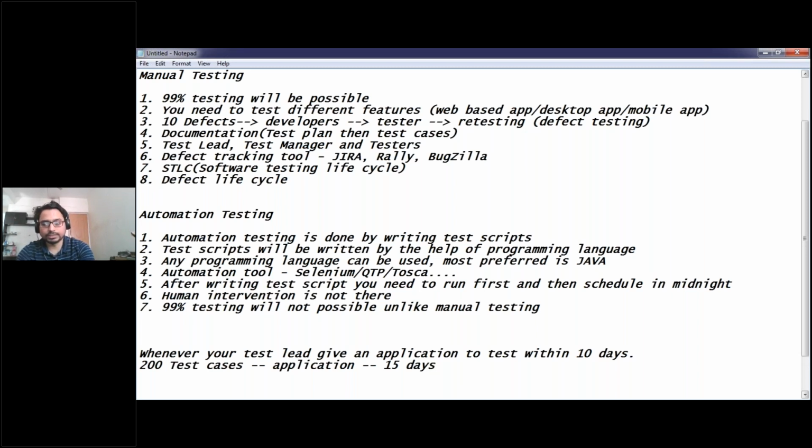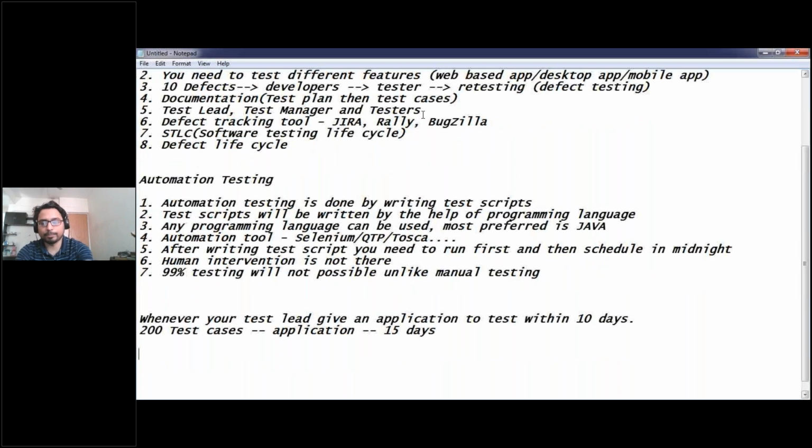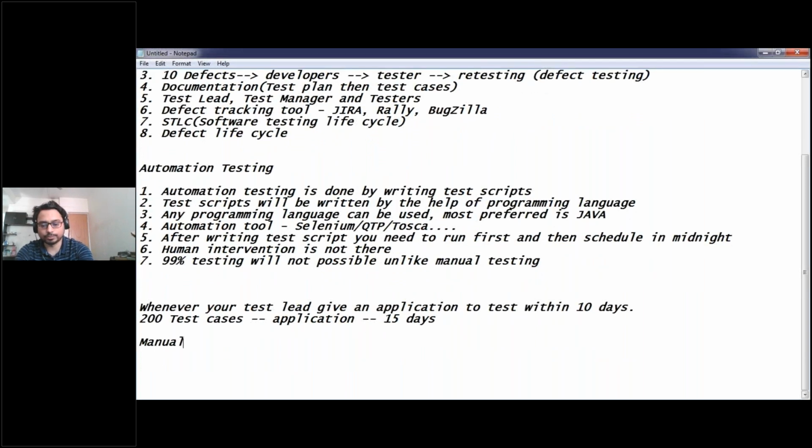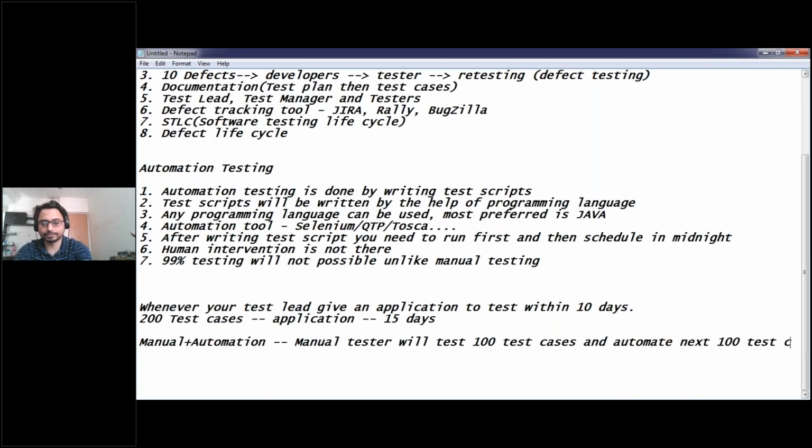The other test engineer has manual plus automation expertise. What will they do? The tester will test 100 test cases manually and automate the next 100 test cases.